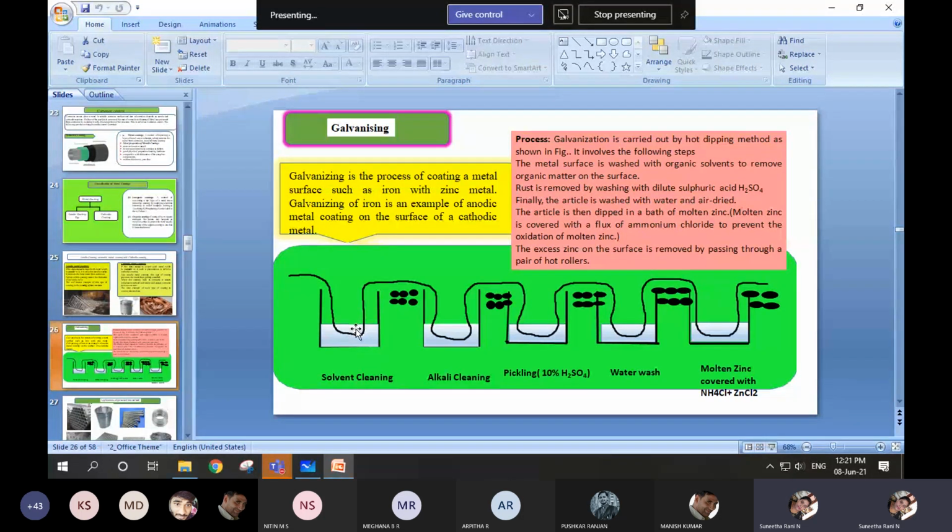Once all those impurities are taken away, pass the same sheet with the help of rollers. These dots are rollers. With the help of the rollers, pass the same sheet into the next container.